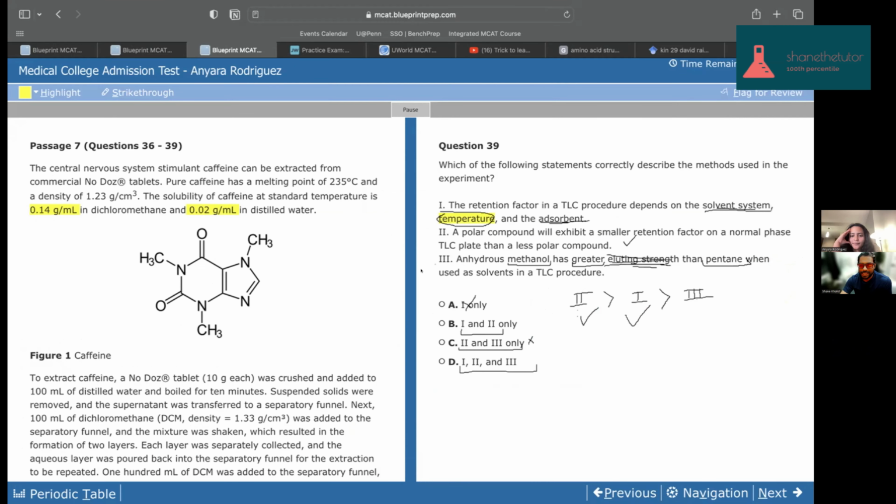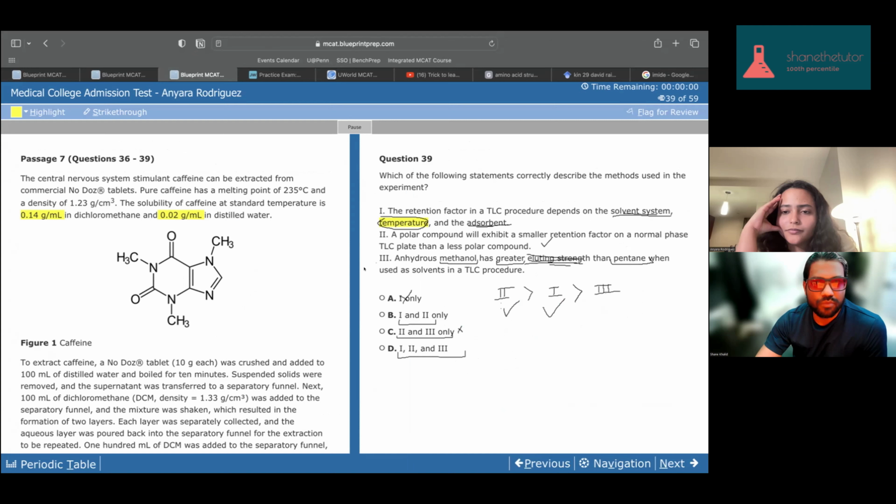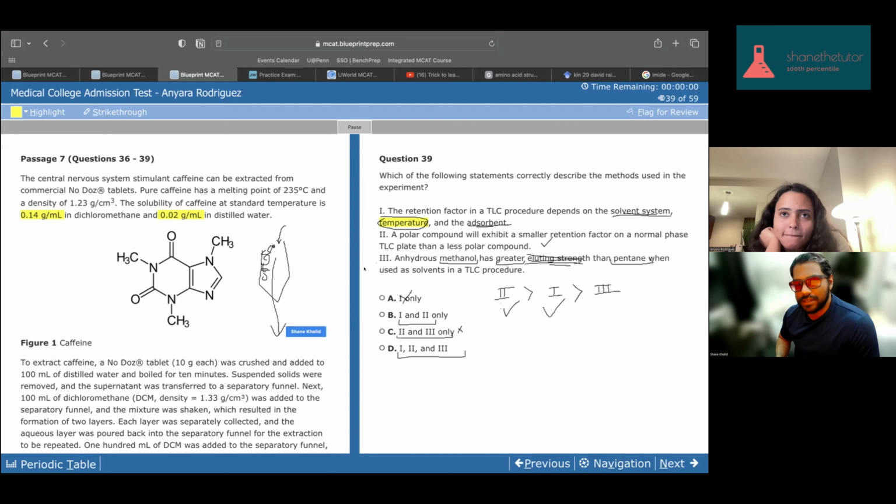But yeah, I would say that the eluting strength, when I typically think of elution, I think of some column chromatography, right? Where we throw something in and the stuff that binds to the stationary phase sticks around, but the stuff that doesn't bind to the stationary phase, aka the thing that's soluble in the mobile phase, is what elutes first, right?